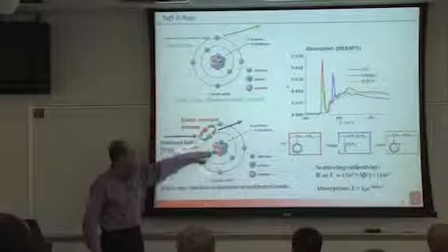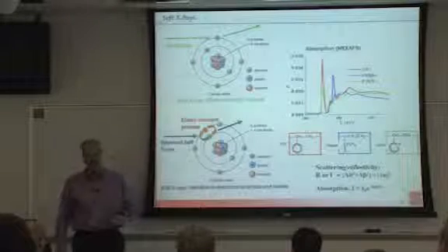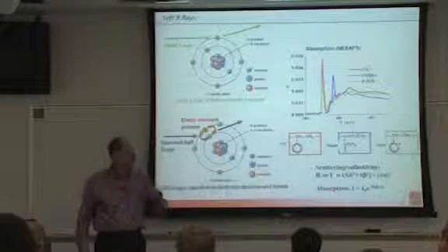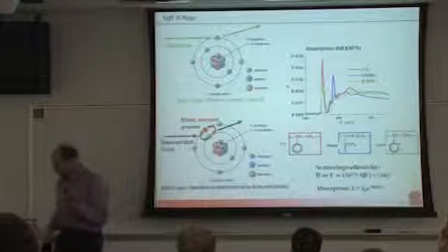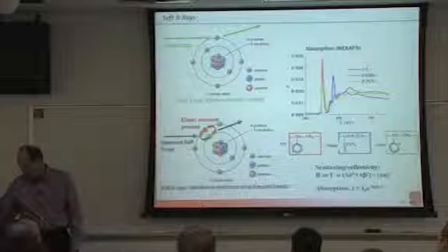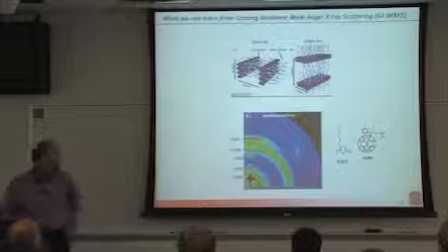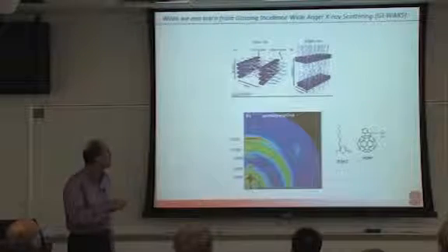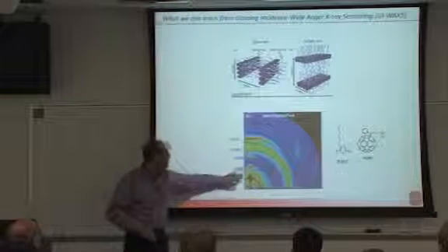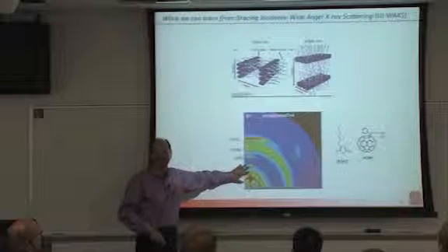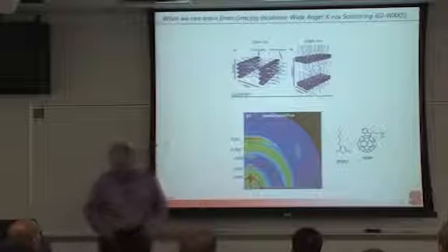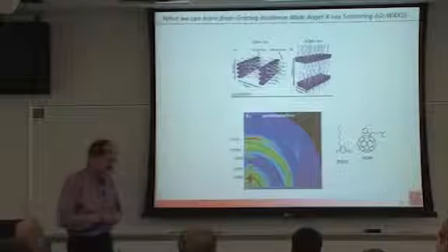And because I have a dipole selection rule, when I excite into a pi star orbital, I am sensitive to orientation. And then as a complement, we also do grazing incidence wide-angle X-ray scattering, and I just want to give a quick tutorial on how that works so you can see how all these pieces hang together.